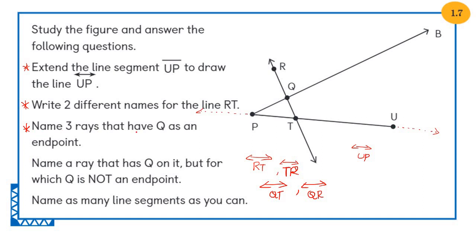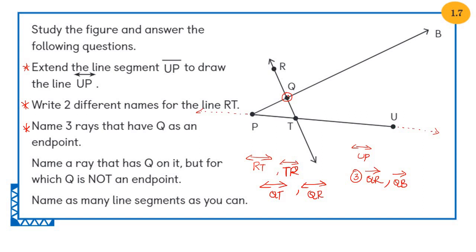Name three rays that have Q as an endpoint. What is the first ray? Ray QR. Next one is ray QB.